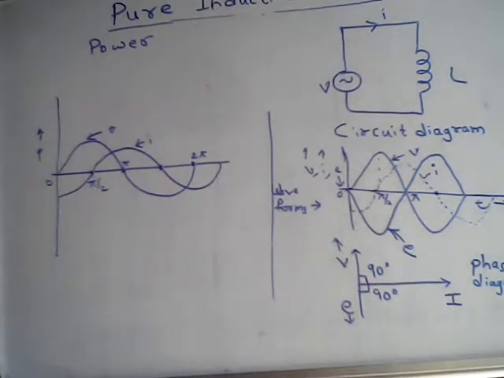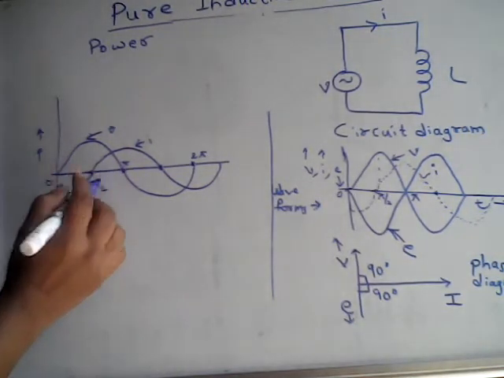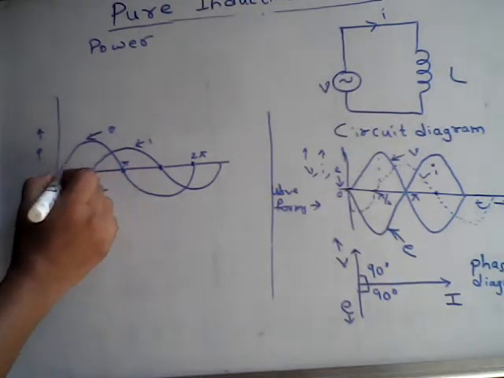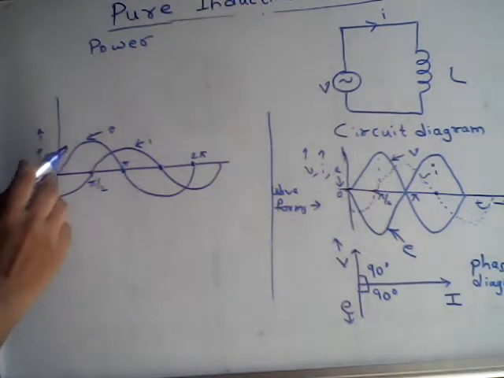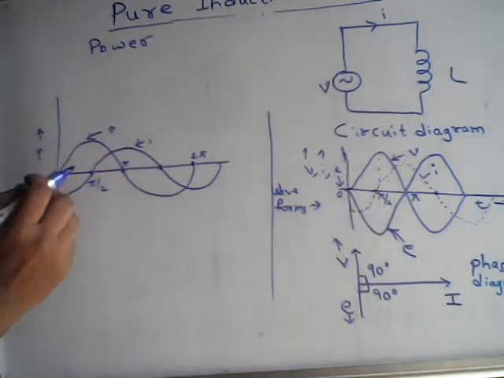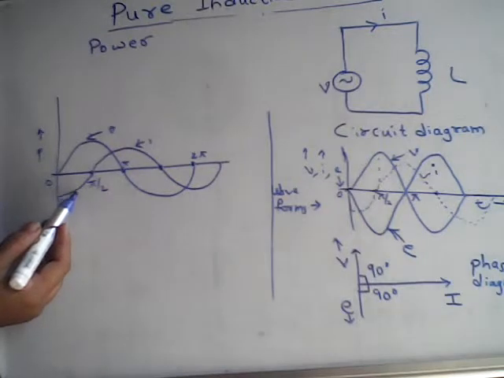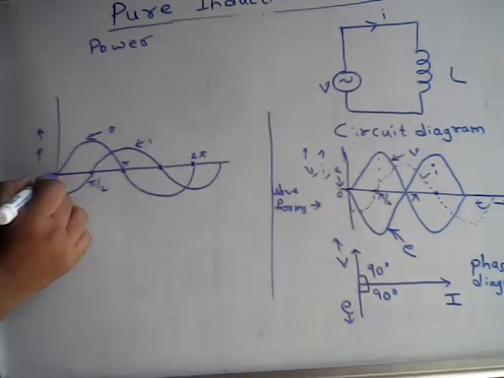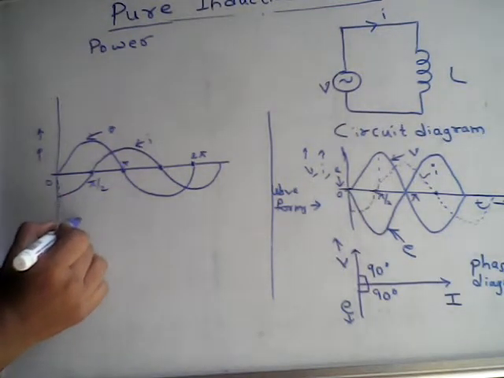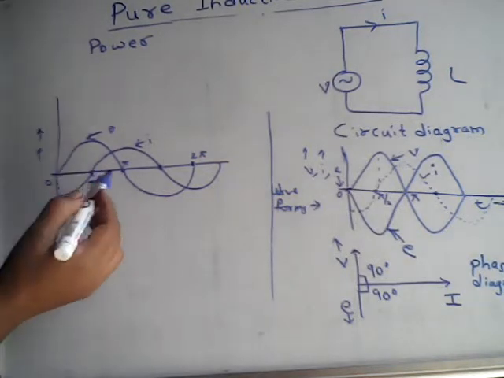Then power is represented for every quarter cycle. From here to here, the value of voltage is positive and the value of current is negative. Plus into minus is minus. So the power can be represented in this way.